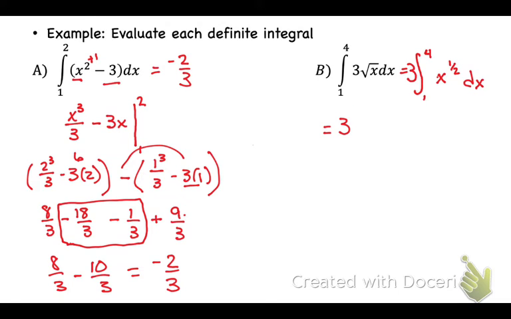So 1/2 plus 1 is... 1/2 is 1 over 2, plus 2 over 2, 3/2. So 3/2 divided by 3/2, right?